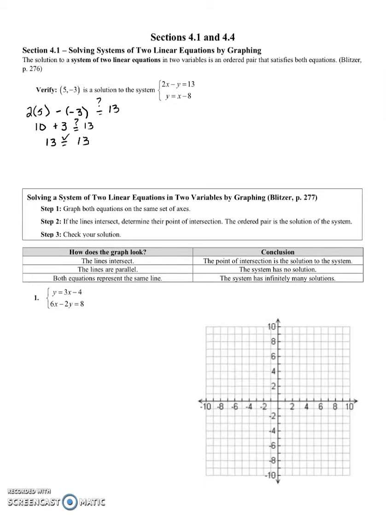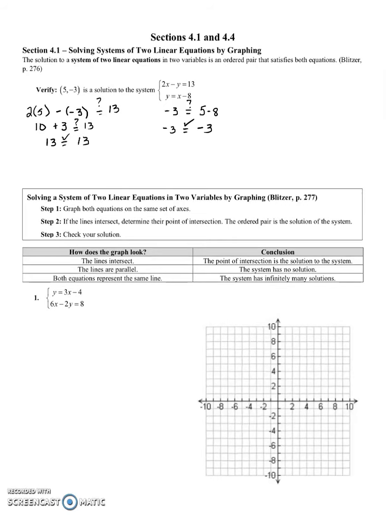So I think we can pretty clearly see that it does work in the first equation. Does it work in the second equation? Well, let's find out. In the second equation, we have y equals x minus 8. So we have negative 3, and we need to know if that equals 5 minus 8. And of course, 5 minus 8 is negative 3, so yes.